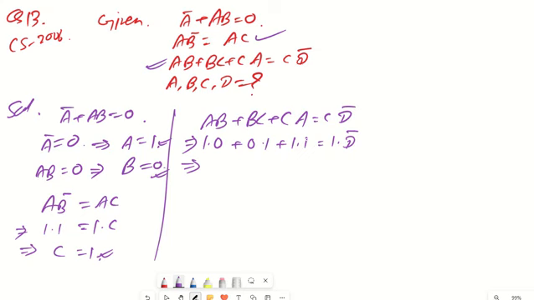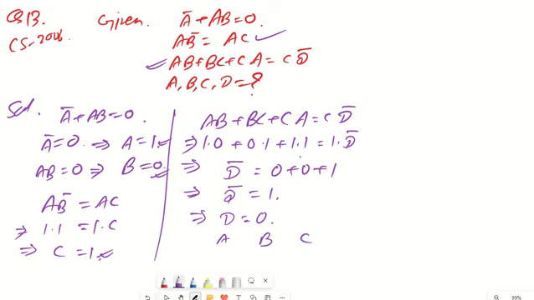Now D bar comes out as 1 into 0 is 0, plus 1, so 0 plus 1. That is nothing but my D bar is 1. If D bar is 1, what will be the value of D? That is going to be 0. So this is how you are going to get A, B, C, D as 1, 0, 1, 0. Okay. So this is the set of values.